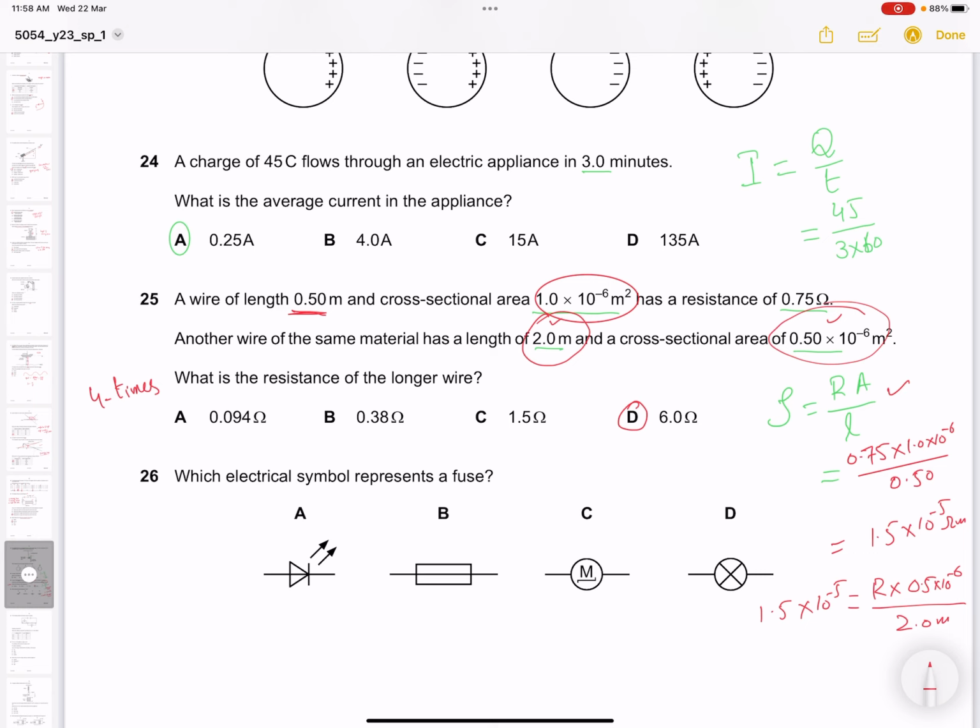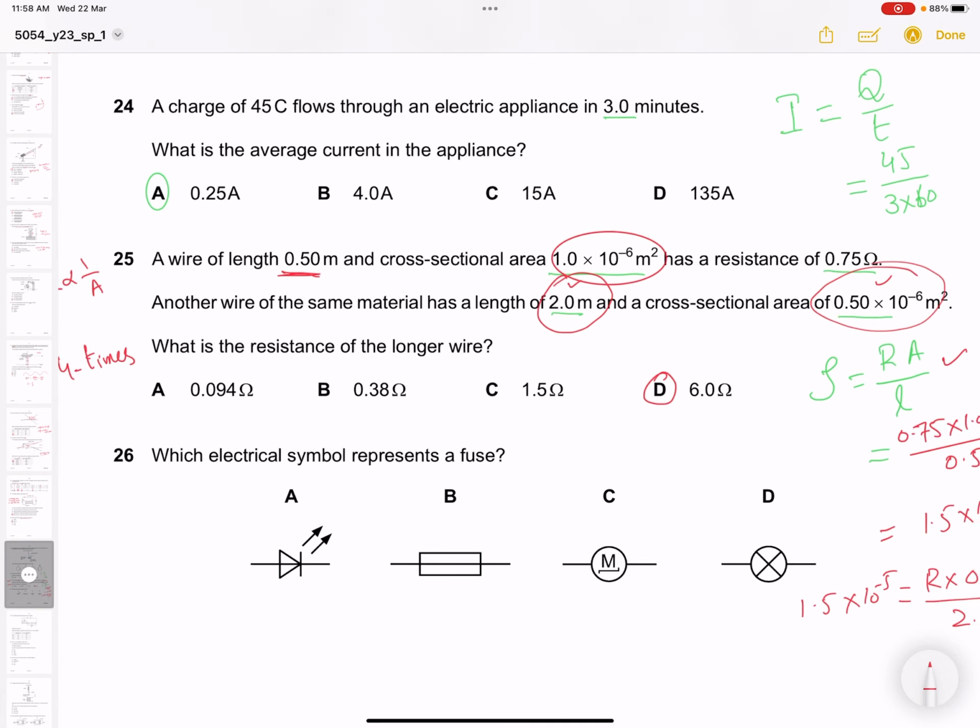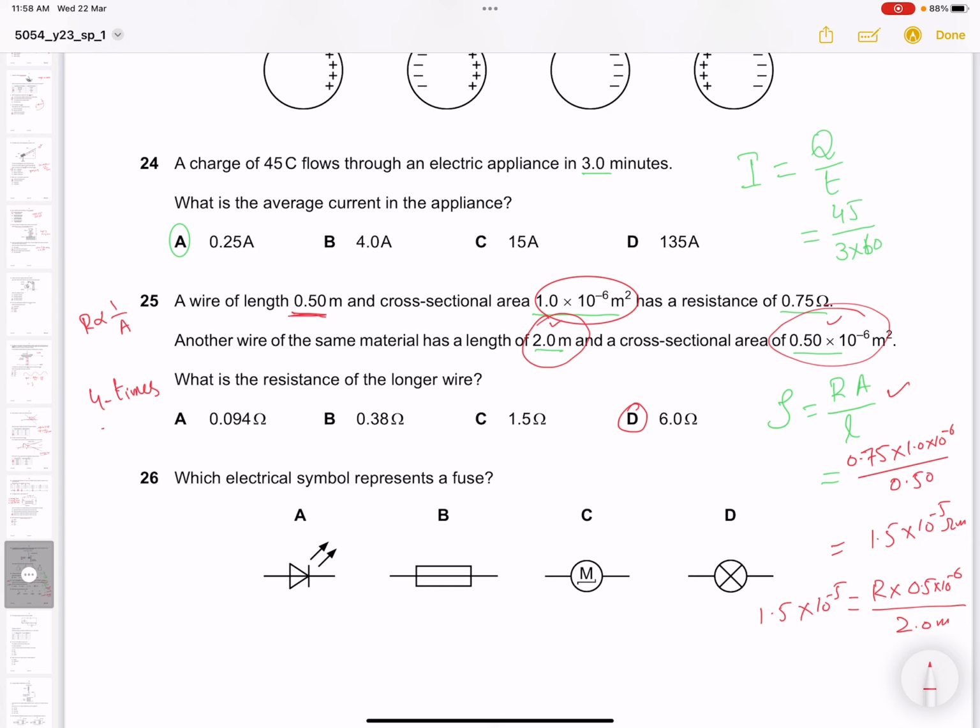We should know that resistance is inversely proportional to cross-sectional area. So if cross-sectional area is becoming half, resistance should become double because of this cross-sectional area. So 2 times of this. So total, the resistance should increase 8 times. If you multiply 0.75 by 8, you will still get this 6 ohm answer.